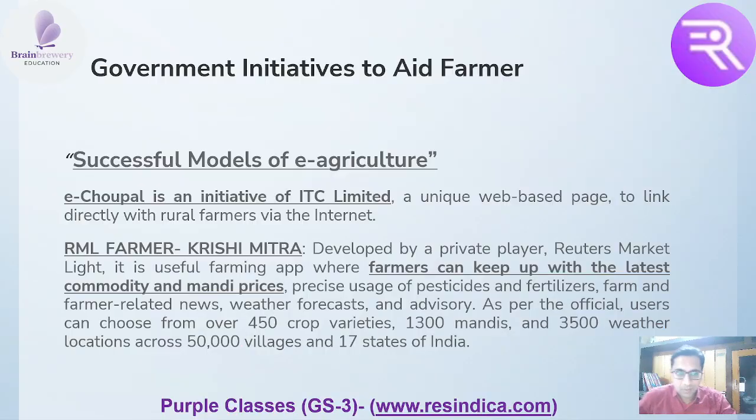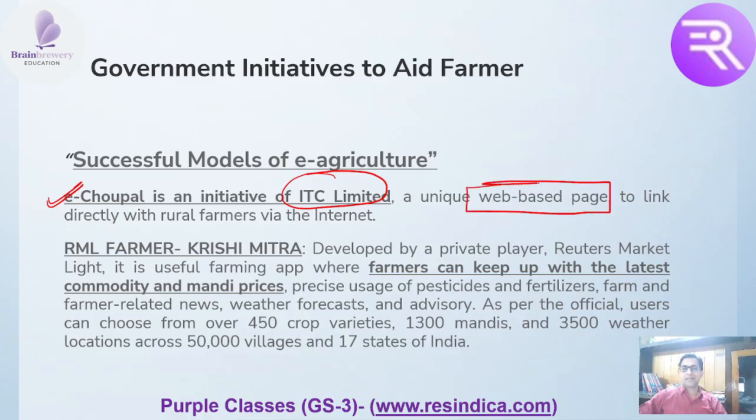Now, some of the successful models that we wanted to discuss, a special model that we can discuss, is eChopal. eChopal is a model that has been developed by ITC Limited, a company that developed the eChopal. It is a web based page which connects directly with rural farmers via the internet.